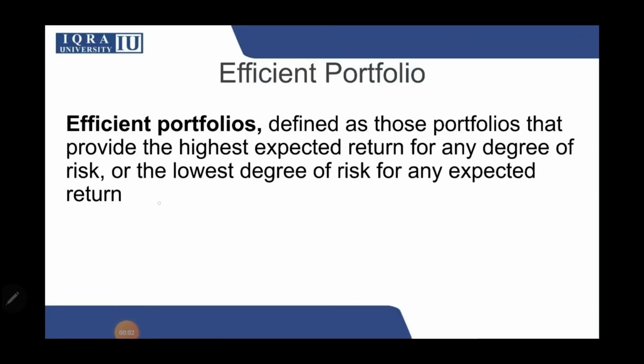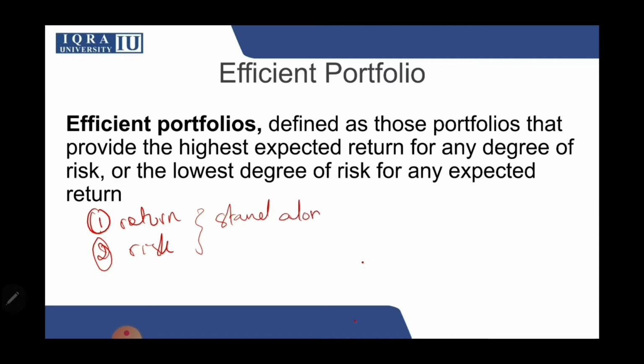Until now, we have discussed what is return, and we have also discussed what is risk. We also looked at both of their calculations, and we differentiated them in the case of standalone and portfolio.